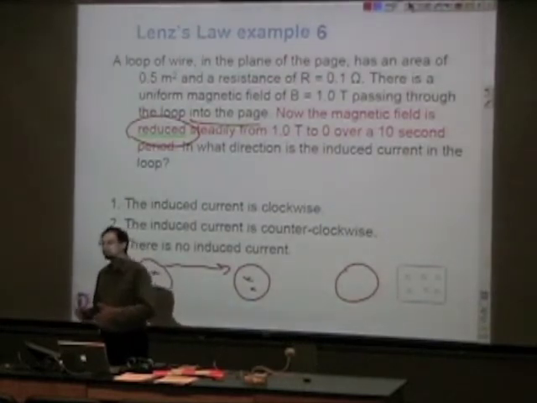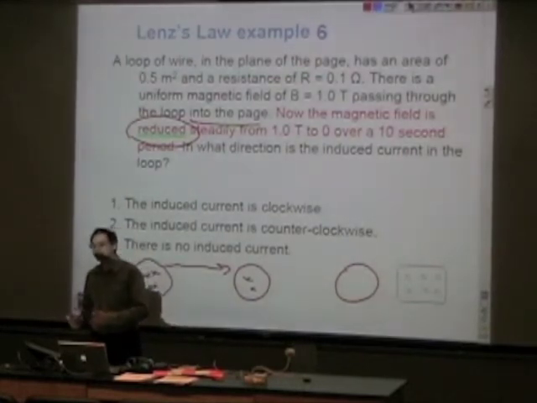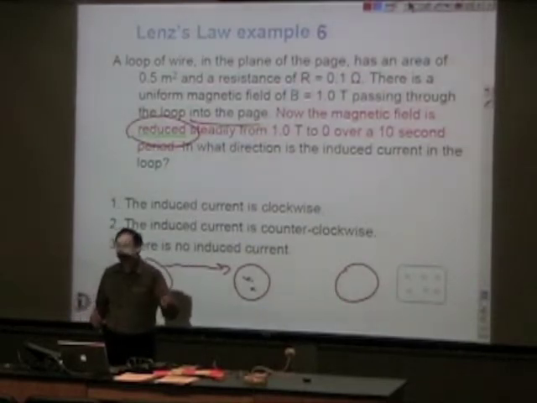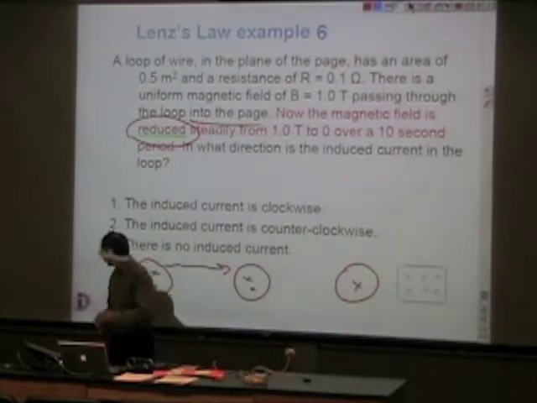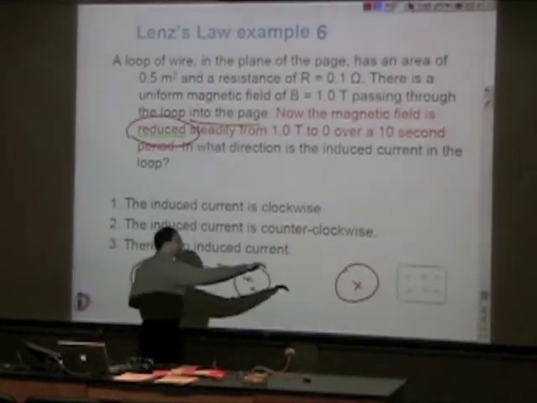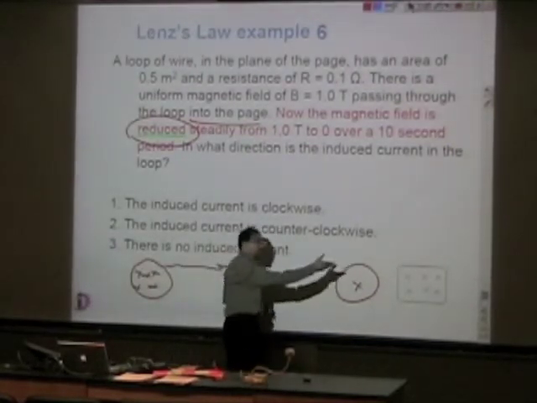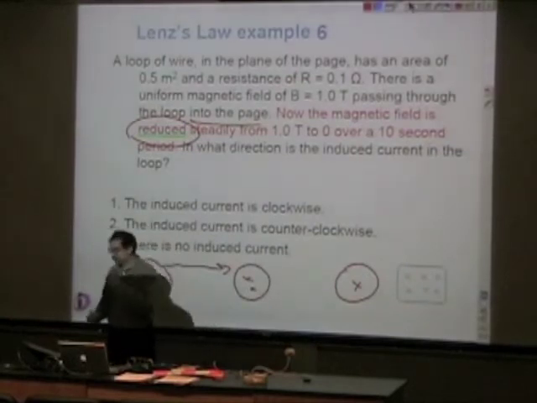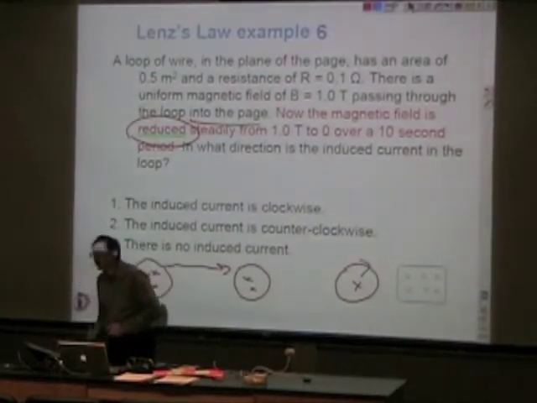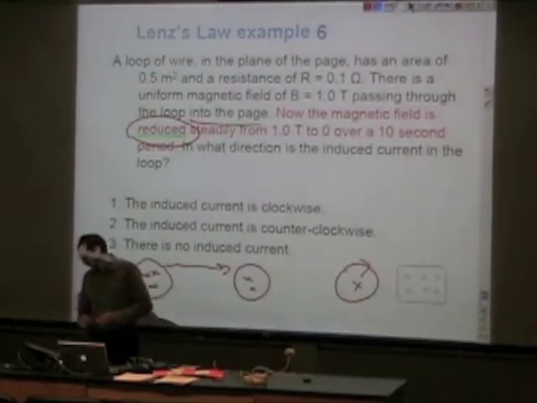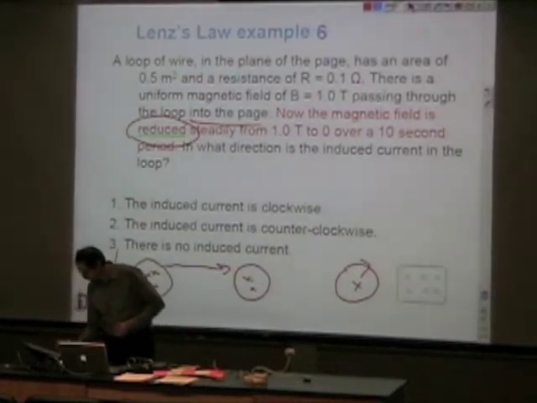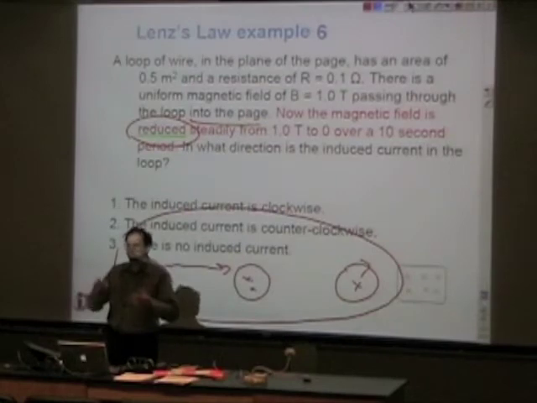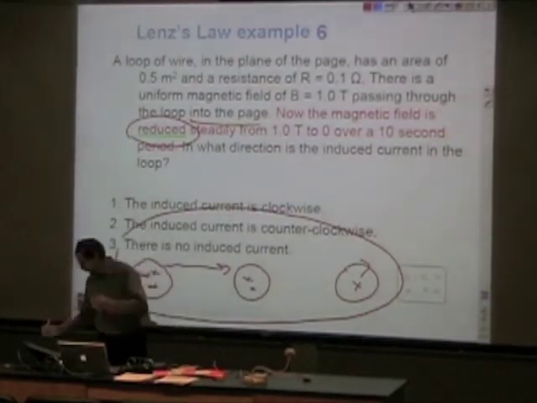So to oppose the change, the induced magnetic field is supposed to support the field. They should have the same direction. And in this situation, the right-hand rule tells us the direction of the current. Indeed it is clockwise. Again, you really have to draw your pictures.